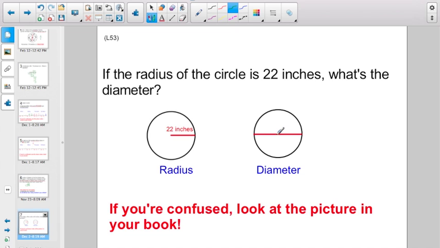So they want to know what the diameter would be. Then the diameter is the distance all the way across the circle through the center. So if that side is 22 inches, that would have to mean this side's also 22 inches. 22 plus 22, hey, that's got to be 44 inches for the diameter, the distance all the way across the circle.